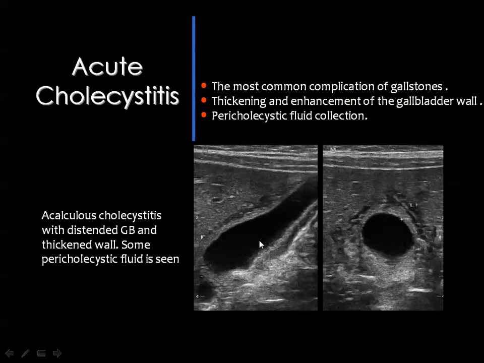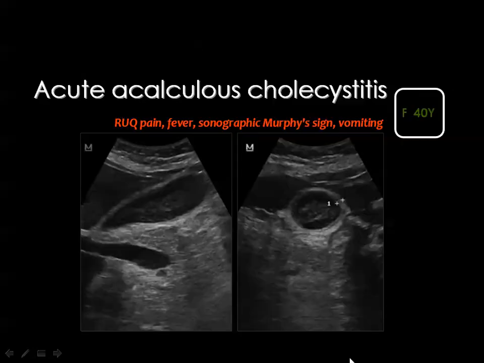Then this is a case of acalculous cholecystitis without stones, with thickness of the gallbladder wall and pericholecystic edema. Then this is the appearance of mud inside the gallbladder, where you can see the very thick fluid, which is mobile also but slow, and it is of echogenicity different than the normal fluid seen inside the gallbladder.